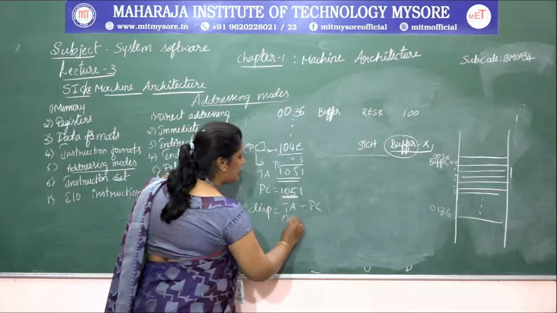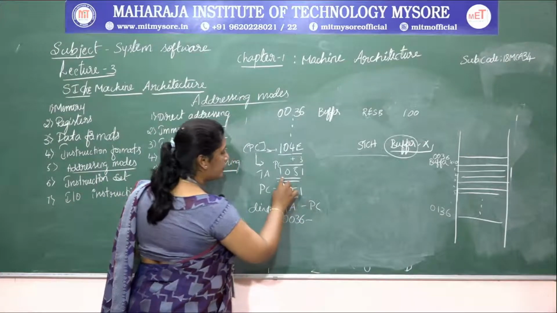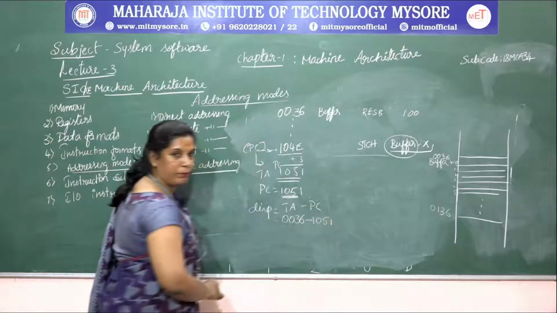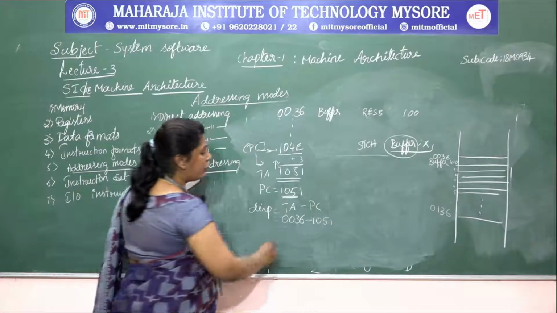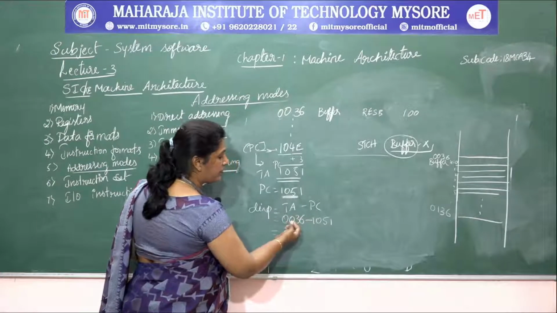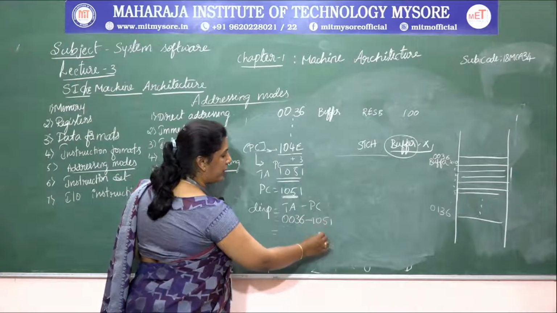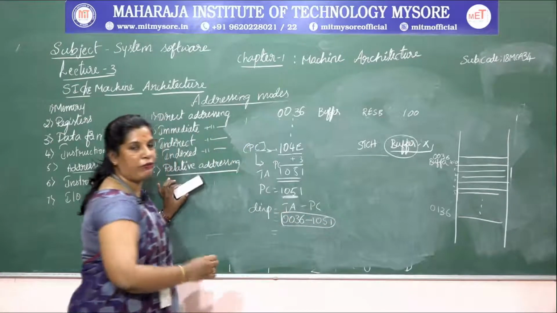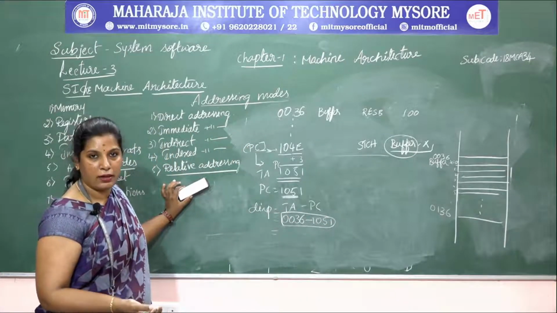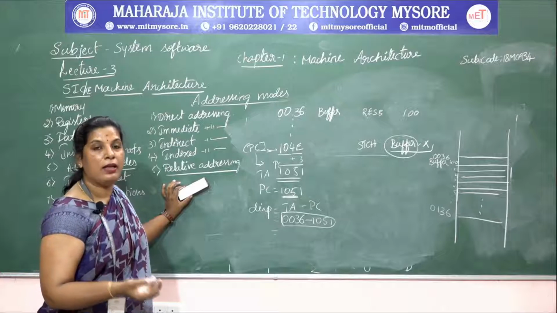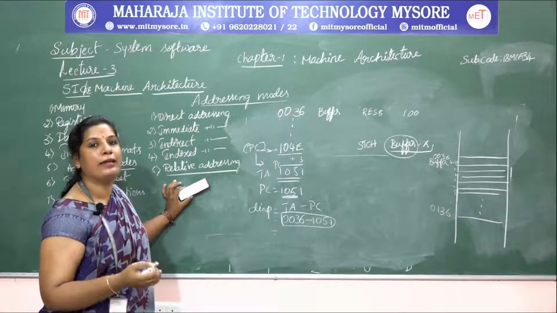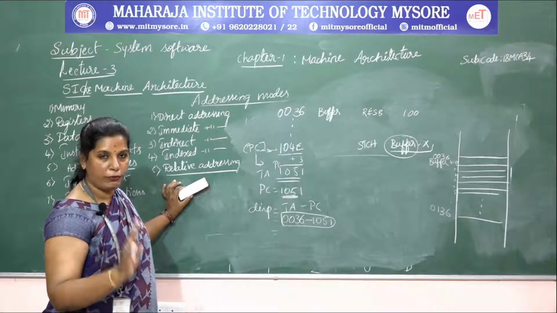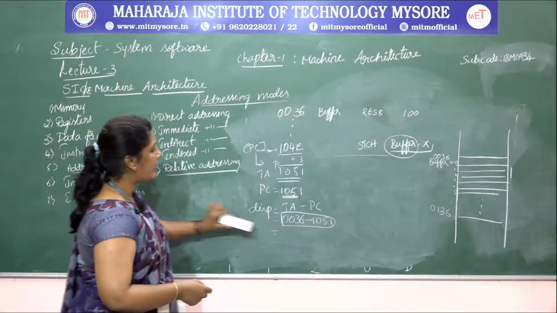So 0036 minus the program counter value at that time, 1051. If I subtract a bigger number from a smaller number, I will get a 4 digit number here. If I convert the same thing into a 2's complement or negative number, there also I will get only a 4 digit hexadecimal number.